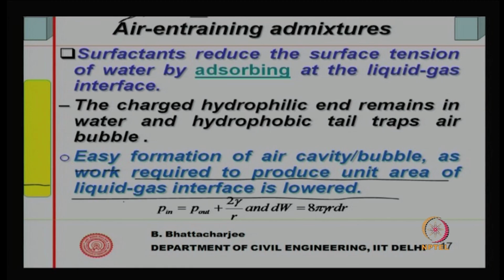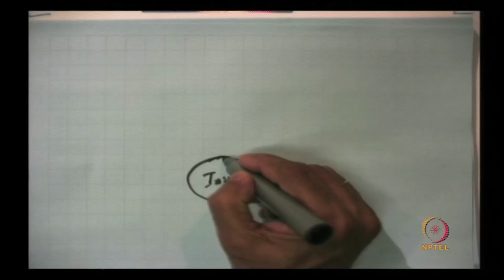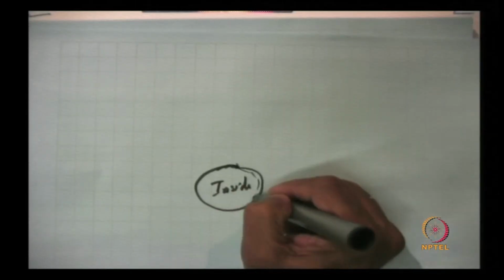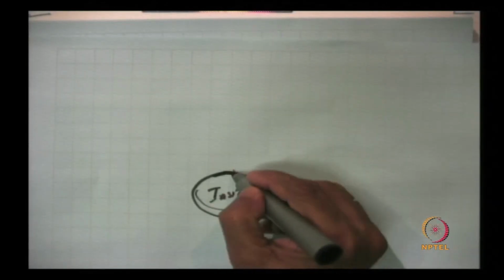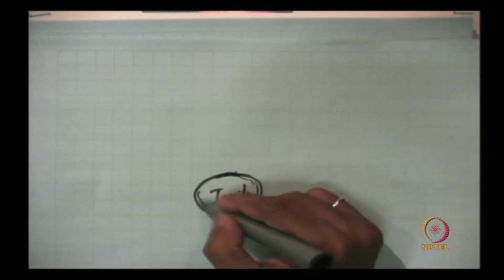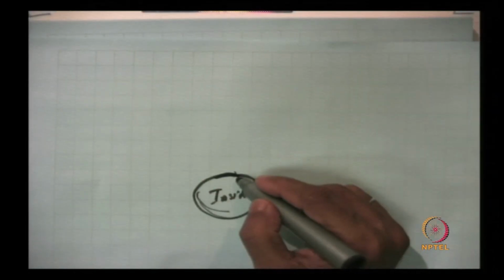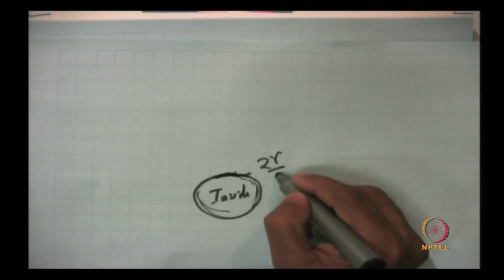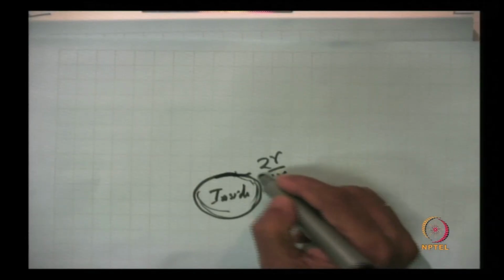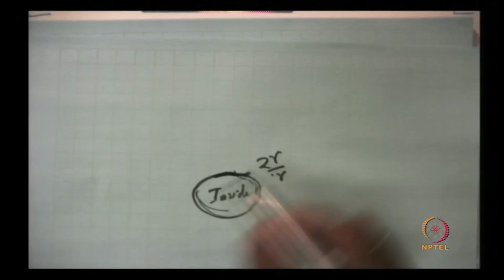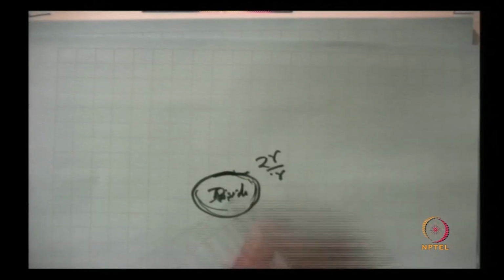The inside pressure equals the outside pressure P out plus 2 gamma by R, because at the interface of the bubble there is surface tension, the water is there at the interface. So, this is the air bubble, and you can show that the pressure here is 2 gamma by R. So, P in is P out plus 2 gamma by R, otherwise the bubble will collapse.